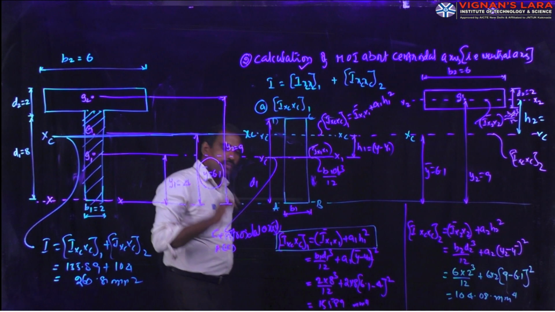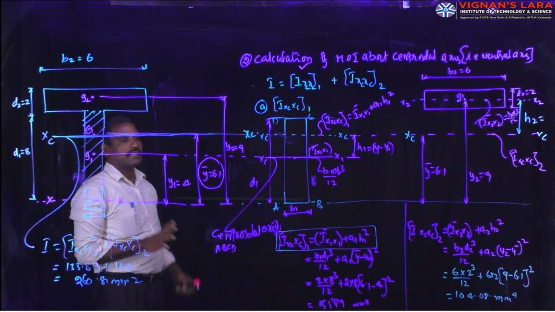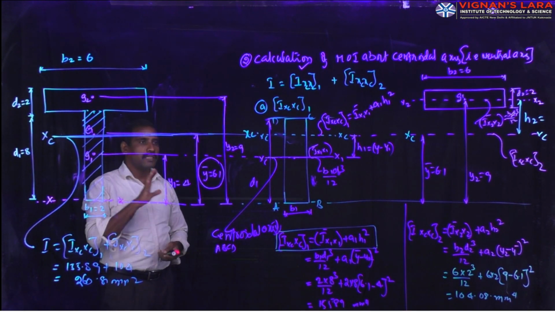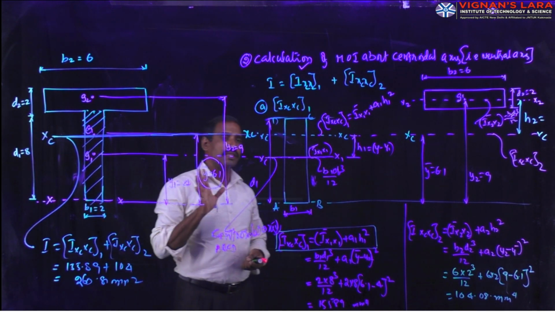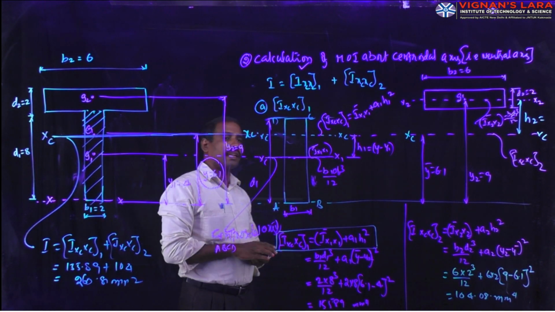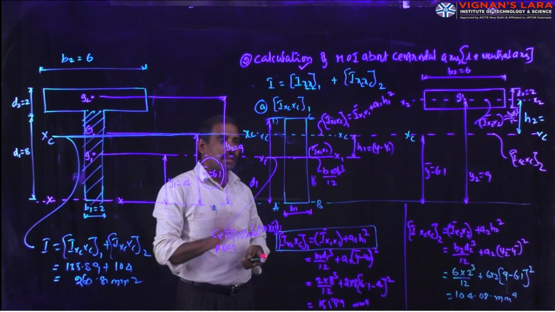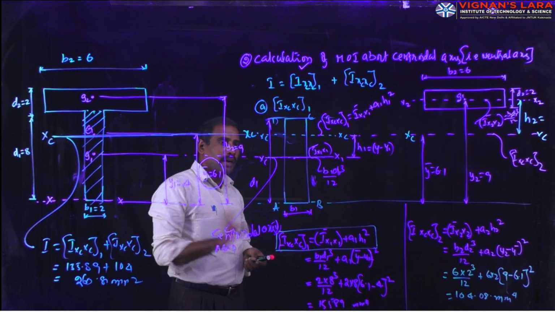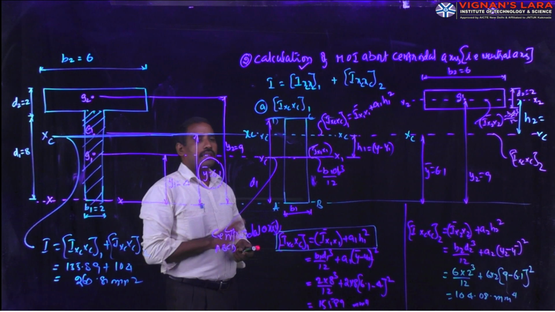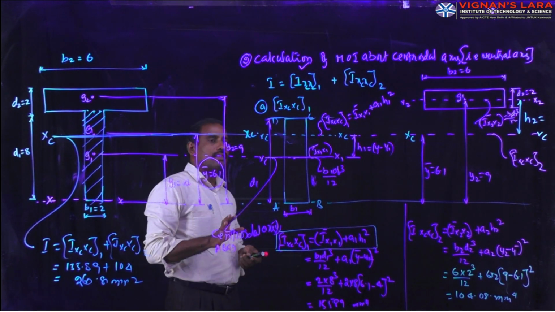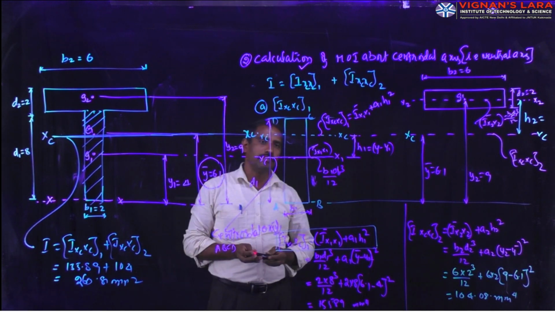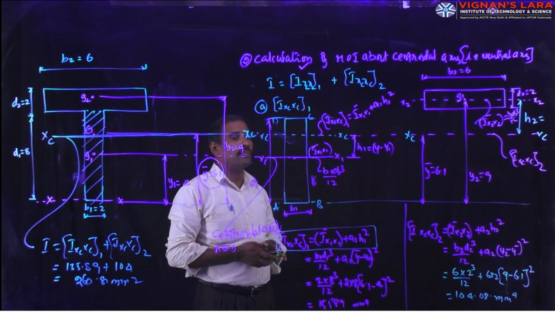If you want to use the parallel axis theorem, you must verify whether one of its axes is passing through the centroid of an element or not. If it is not, this theorem is not applicable. So this is the key point.